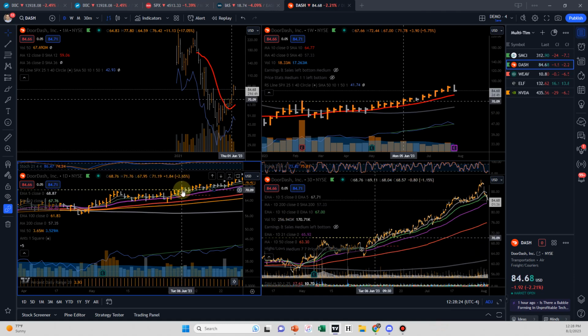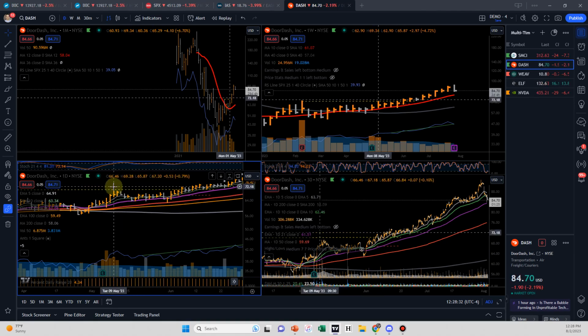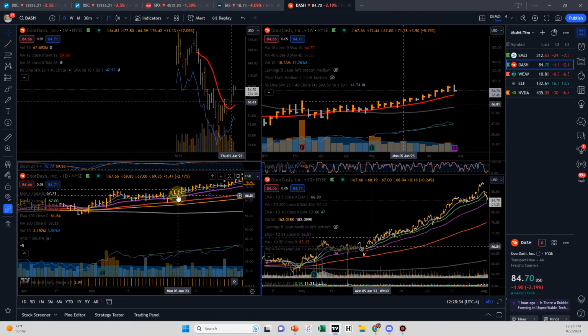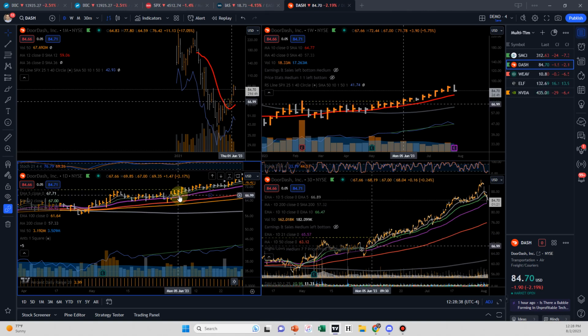So on this, the appropriate place for the stop was right down here, right below this bar. The reason why is because it's below that day's low. It's below the 21 EMA.